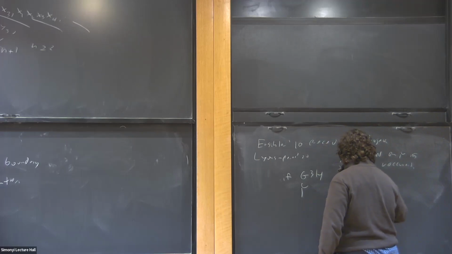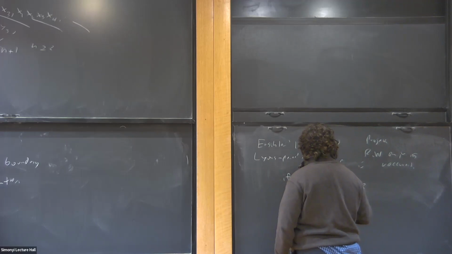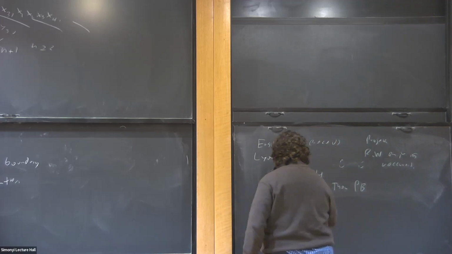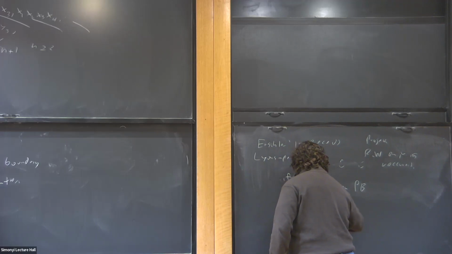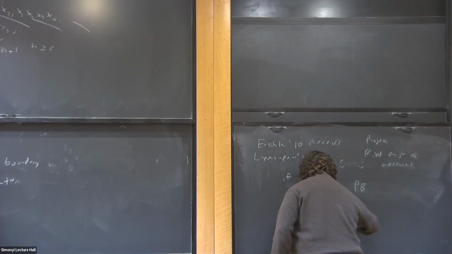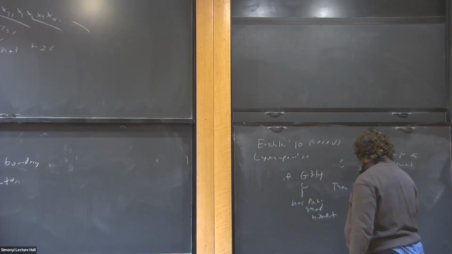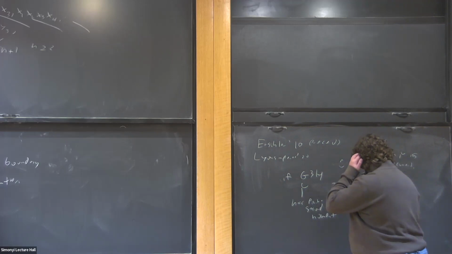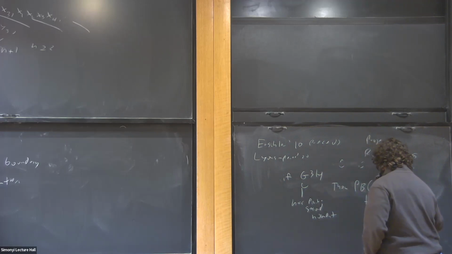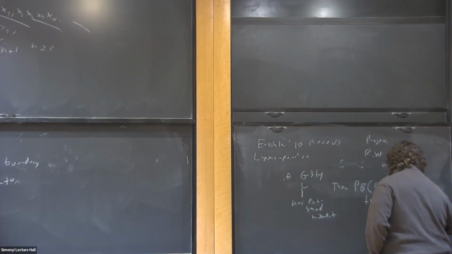Then some boundary, and mu has finite second moment. This will imply finite entropy. Then the Poisson boundary of G, mu is the lamp configuration at infinity.